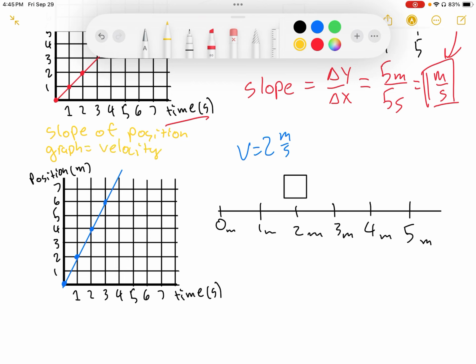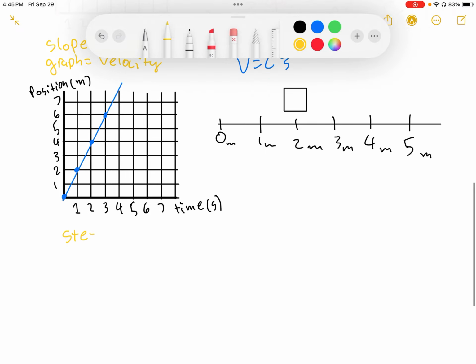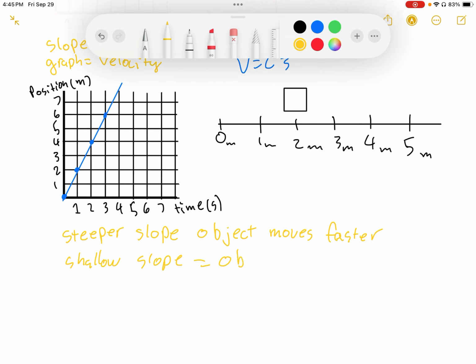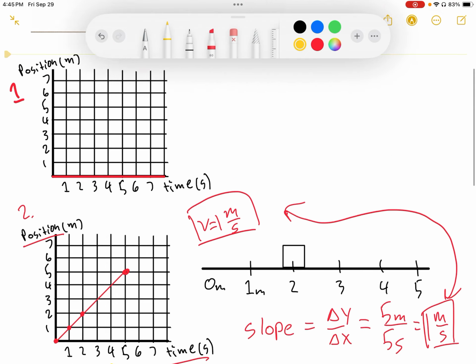And down here, when we saw a steeper slope, it means the object moves fast, and then the opposite, right? A shallow slope equals the object moves slow. Okay, cool.